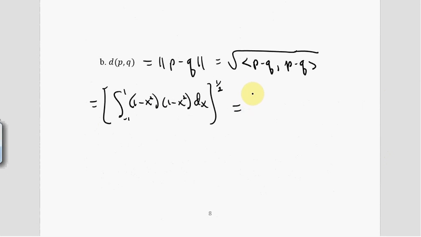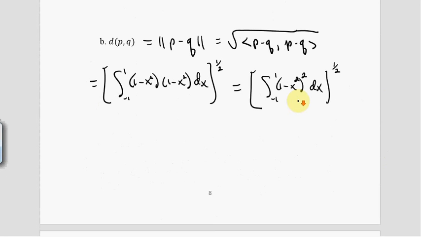So here, this is the integral from -1 to 1. This is just 1 minus x squared, to be squared. Same thing from before, dx raised to the 1/2 power. So just regular integration.